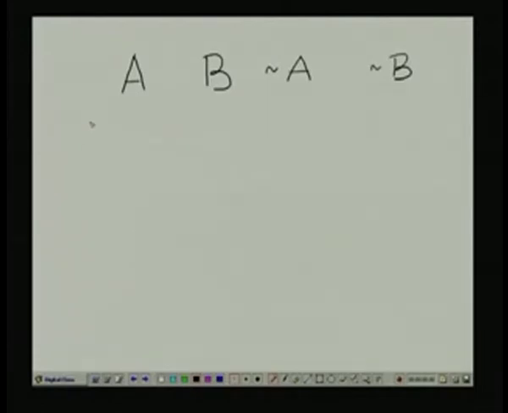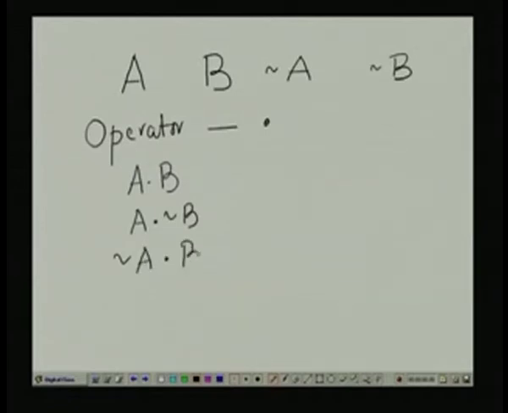If I take the operator as the dot, then it will be A dot B, A dot negation B, negation A B, or negation A dot negation B. See, AB is same as B dot A, and all other combinations are same.